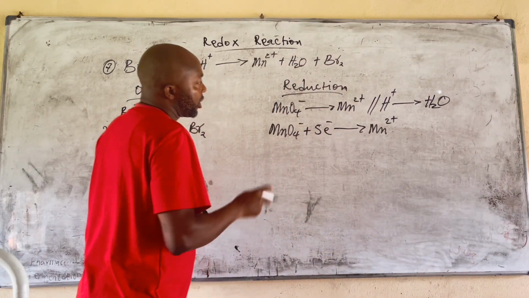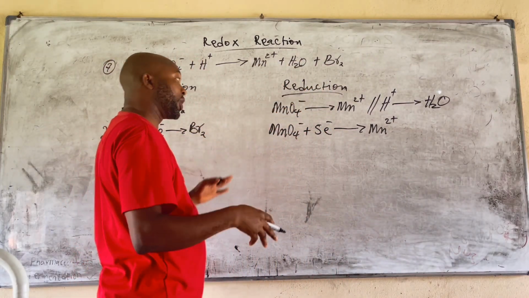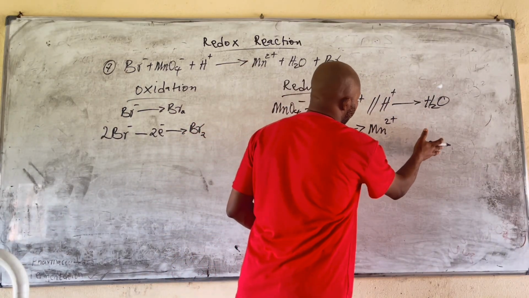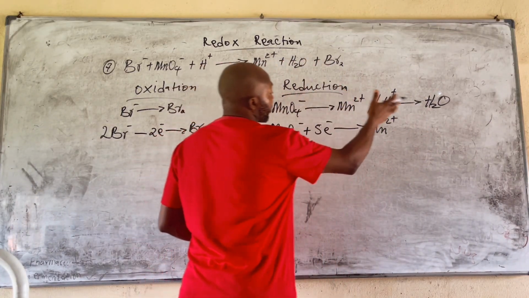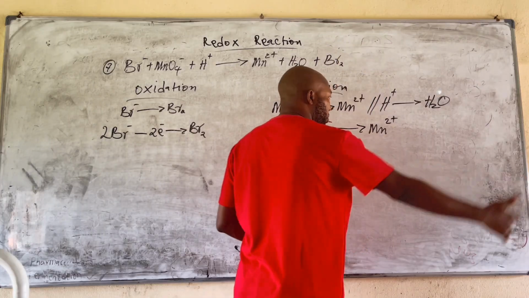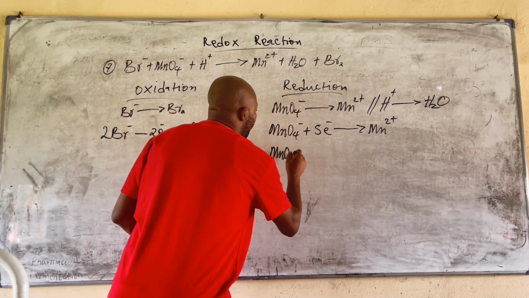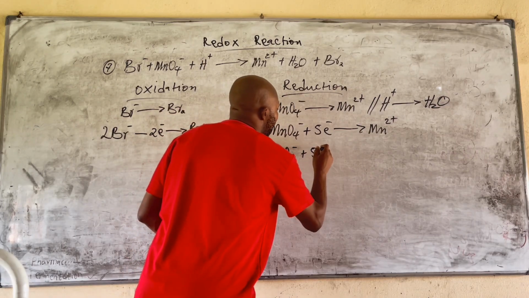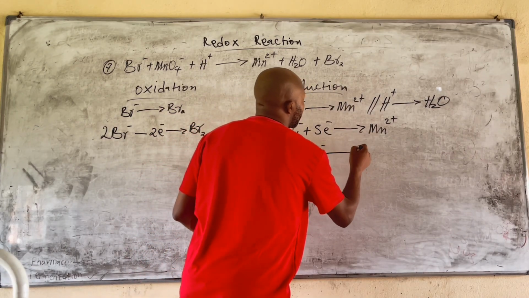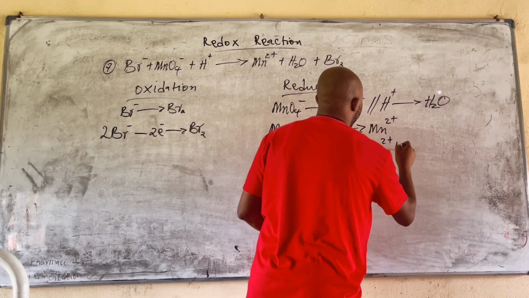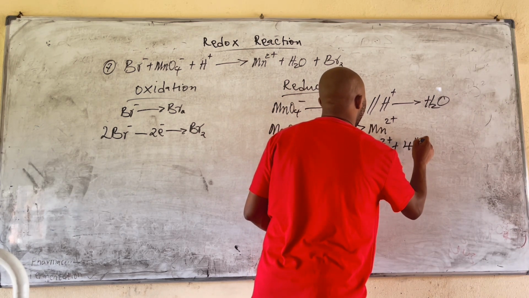Now, that water and hydrogen will be introduced in my next step. So now I have 4 moles of oxygen. I have to introduce 4 moles of oxygen here by bringing what? 4 moles of water. So I now have MnO4 minus plus 5 electron to give me Mn2 plus, 4 moles of water.